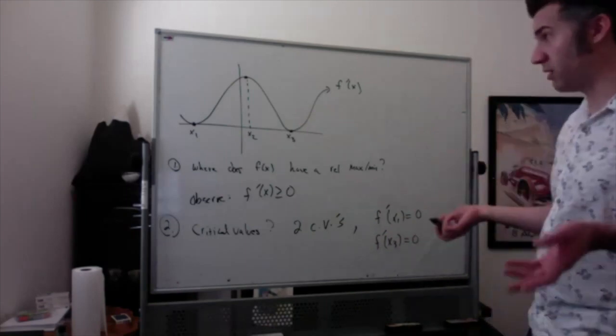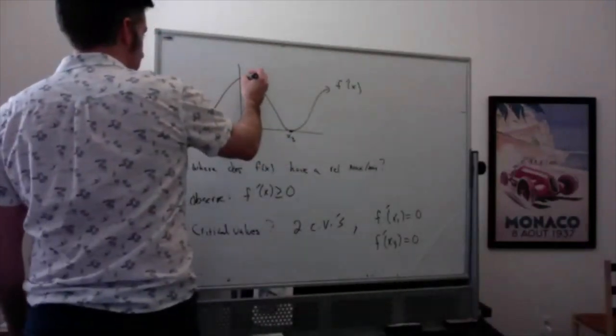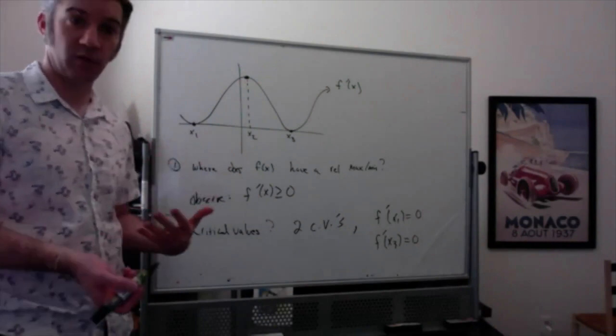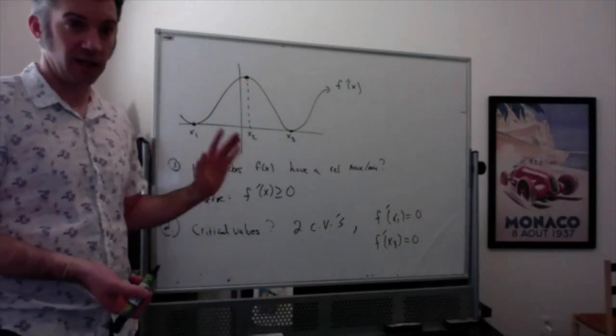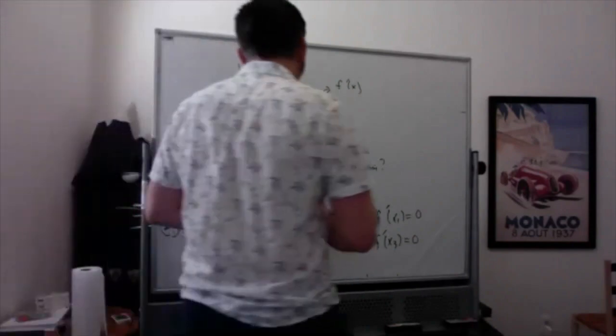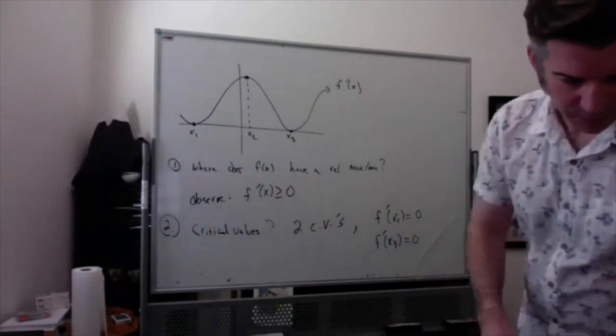For those of you that said 3, I imagine you were guessing that this is also a critical value. It's not a critical value for the first derivative because it's not a place where the first derivative is equal to 0. It's going to come up in the next question, though, so don't worry. You're still right to think about that point. Yeah, you only get critical values when the derivative is 0.